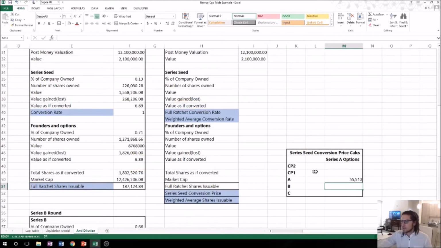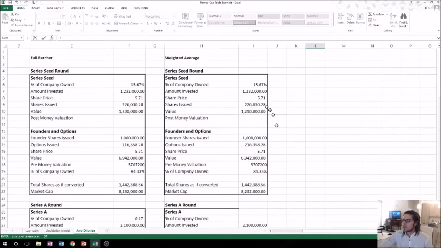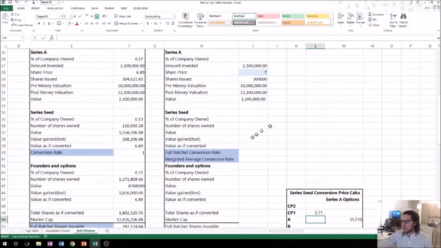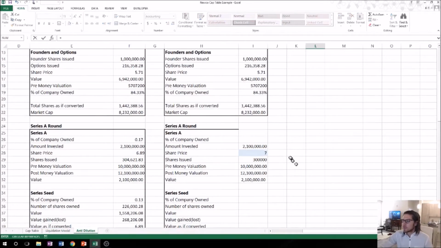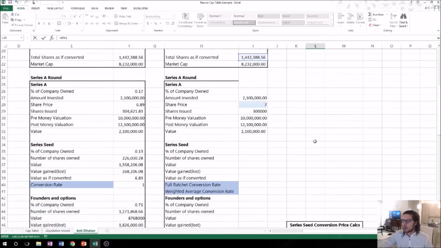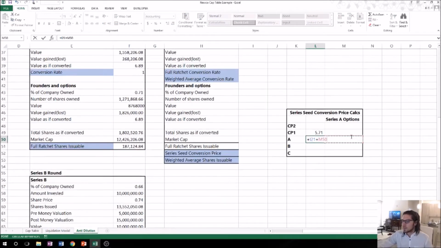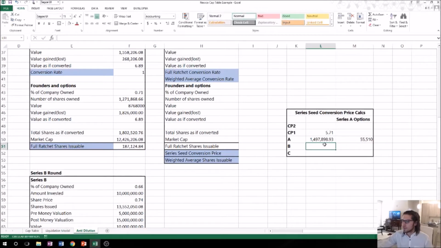Next, let's do the CP1. CP1 is the share price from the Series Seed round, right there. Next we'll do A. A is going to be the founders and options shares from the Series Seed round plus the Series A options.